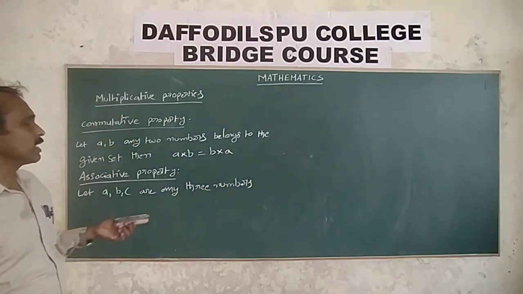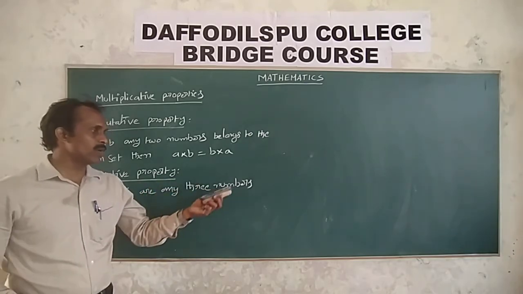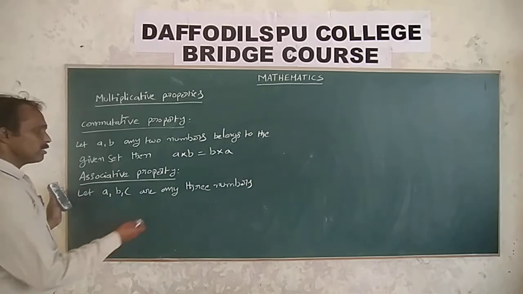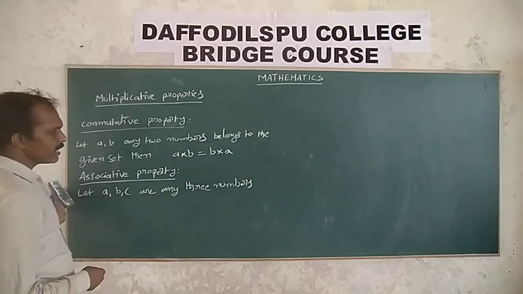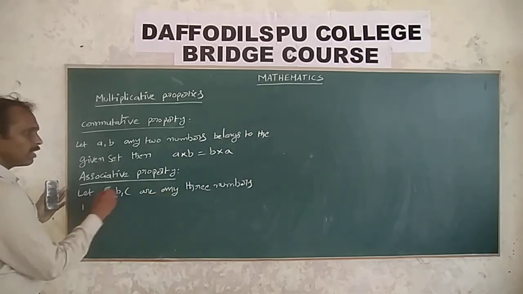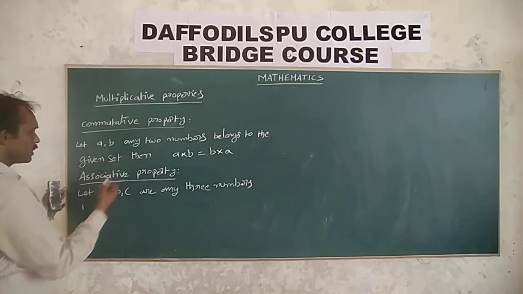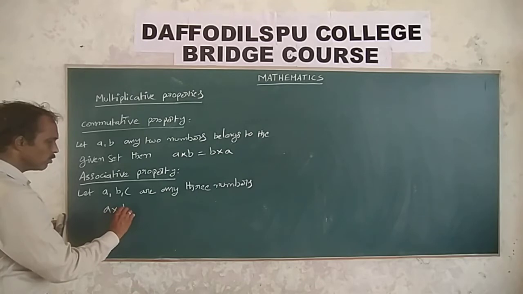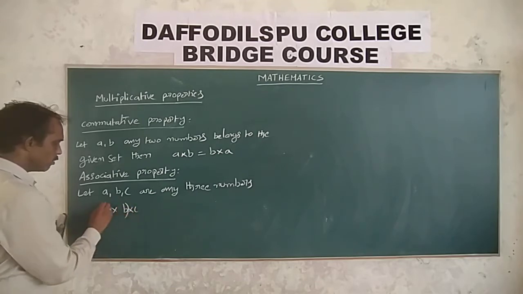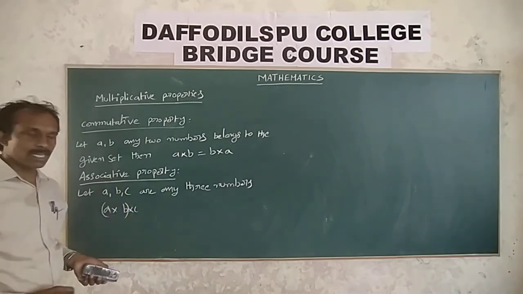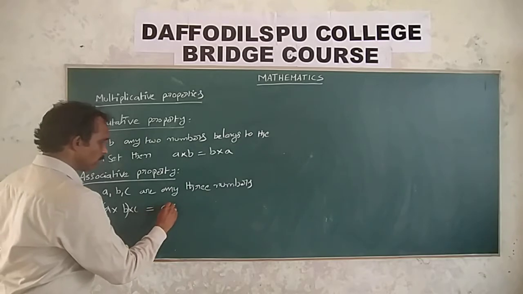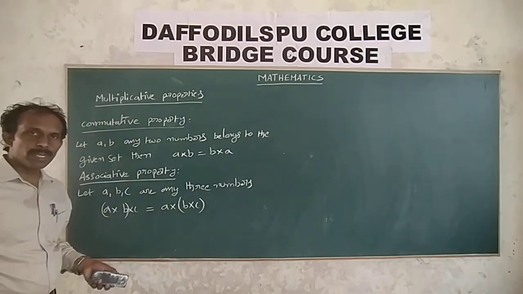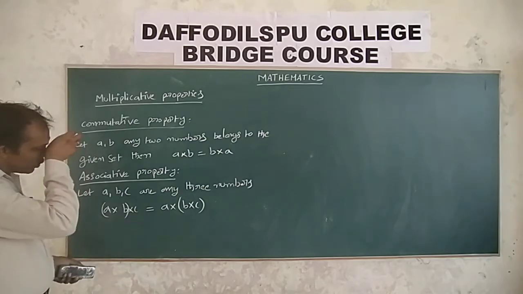Given set means either natural numbers, whole numbers, integers, or rational numbers. So we take A, B, C as any three numbers belonging to the given set, same as before. Then what is the property? A into (B into C) is equal to (A into B) into C. So this is the associative property.